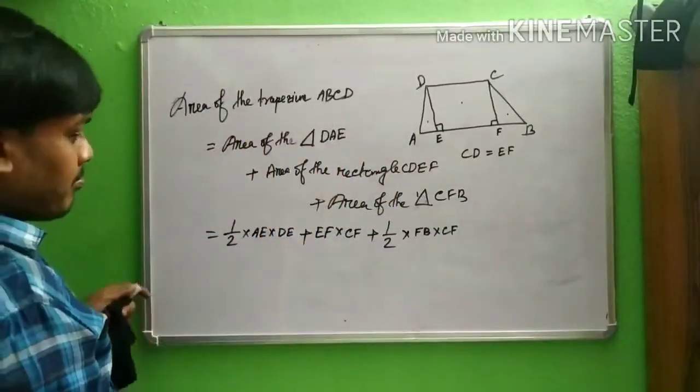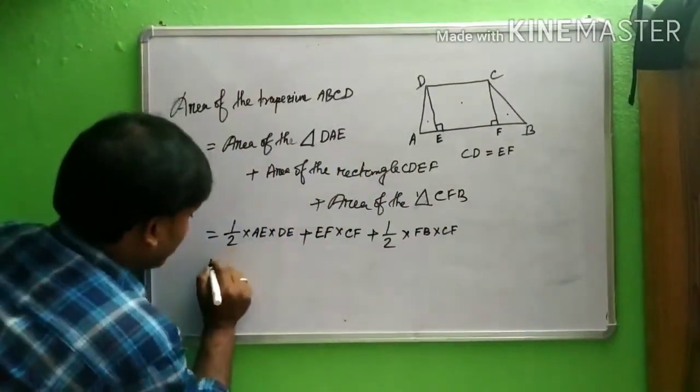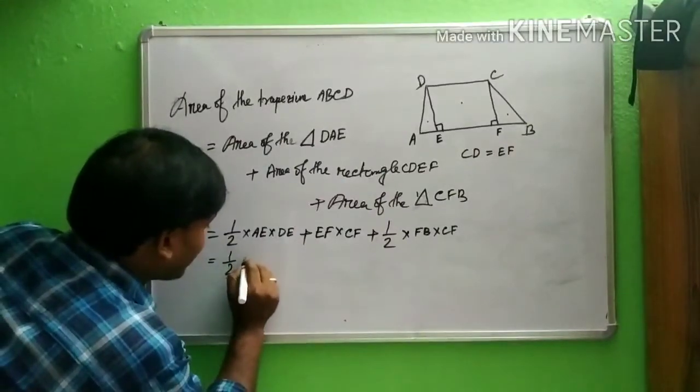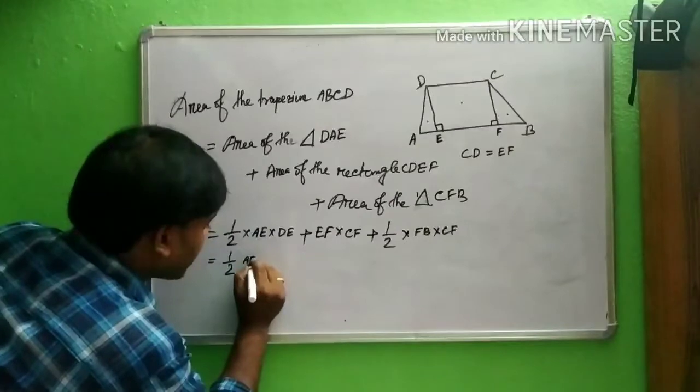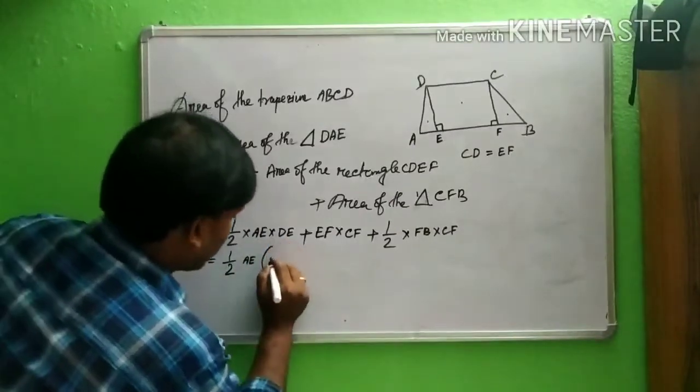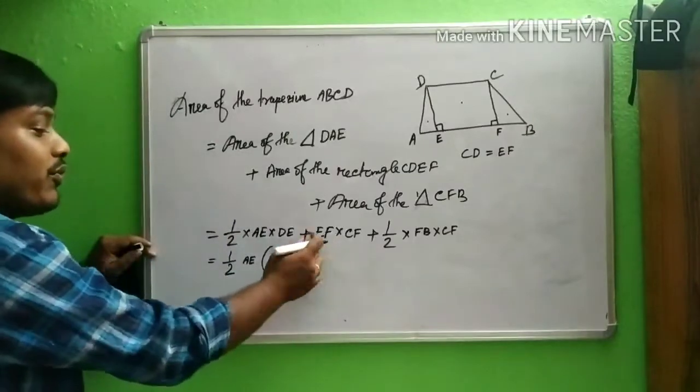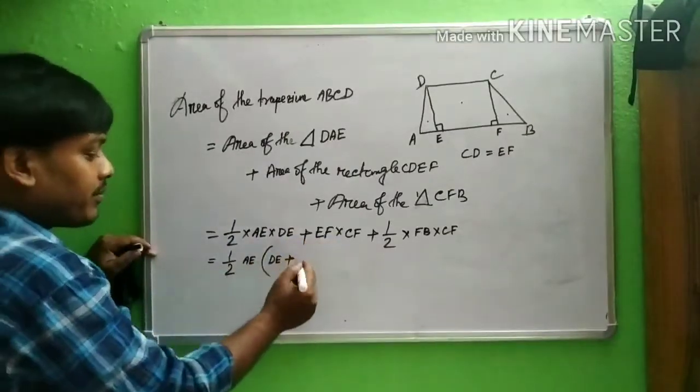Okay, it becomes, we take half and AE common, then here DE is left, so there is no half, so it is multiplied by 2.